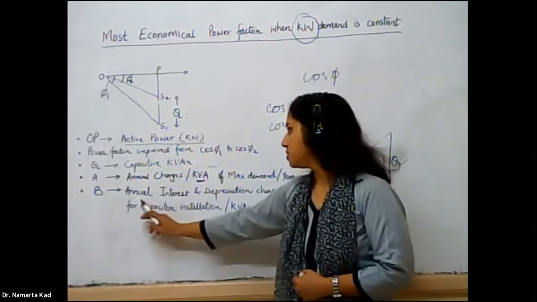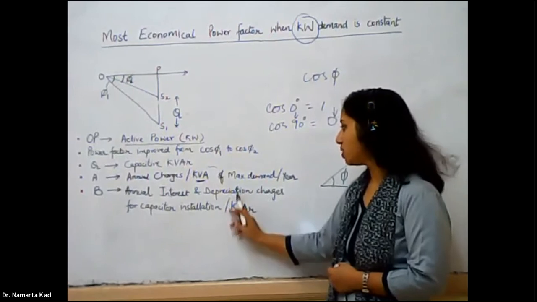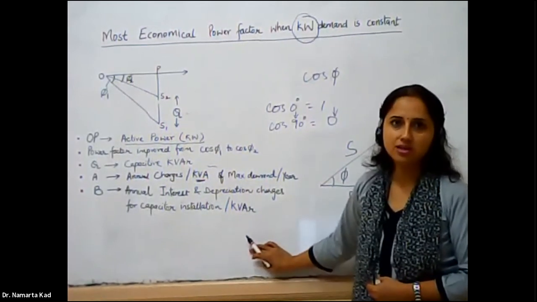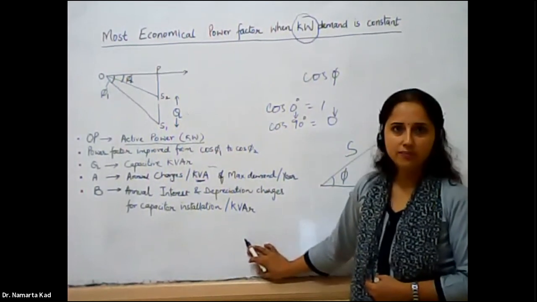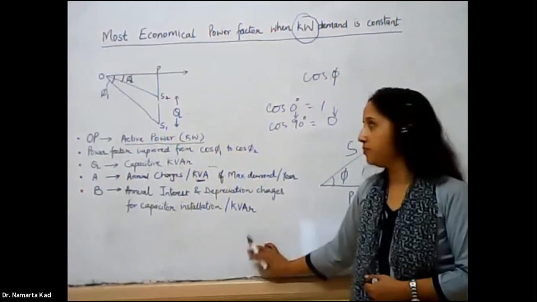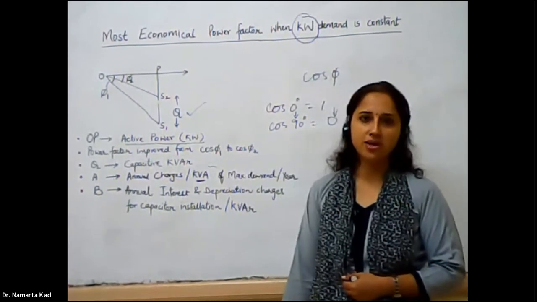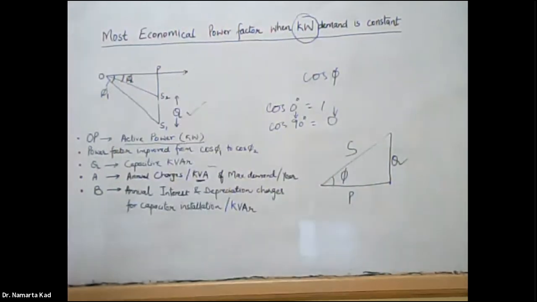It is the annual interest and depreciation charges for capacitor installation per kVAR, because the capacitor installation gives us the leading power factor in the form of reactive power. So these are the basic assumptions and notations that we are going to use in this derivation.